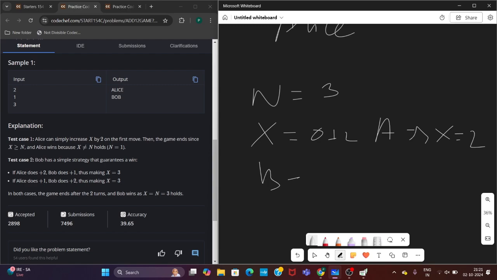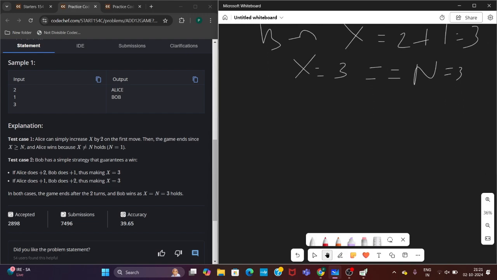Then Bob's turn comes, so x will be 2 plus 1, which is 3. So x equals n equals 3, 3 is equal to 3, and in this case Bob wins.